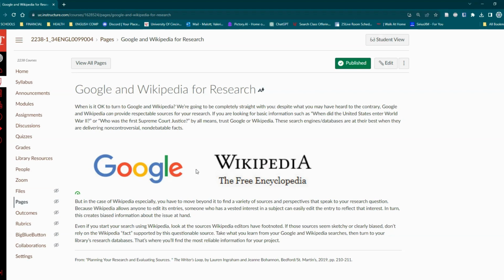There is a resource called Google Scholar that is much more reliable because it takes you to peer-reviewed academic sources that have already been vetted. So it's important to understand how you can use Google and Wikipedia as tools to help you with your research, but not to rely on them solely as your source of information.